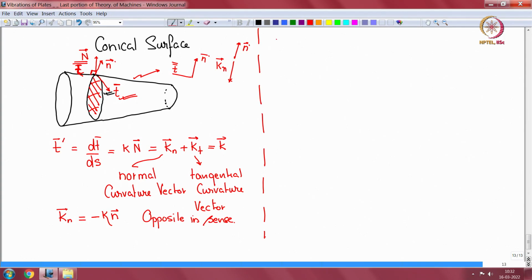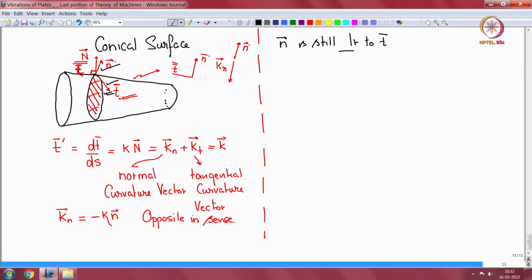And n is still perpendicular to T bar. This is still perpendicular to this T bar. Why? Because it is normal to this.